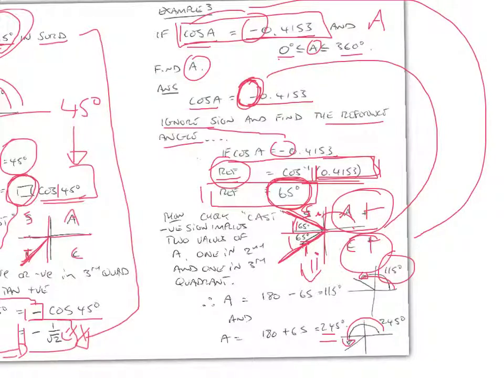It's only negative in these two quadrants here, okay? So actually A has two values. It's there in the second quadrant and it's here in the third, okay? So A can be this first one, the first angle is 115, or A can also be equal to the second one in the third quadrant, 245 degrees.